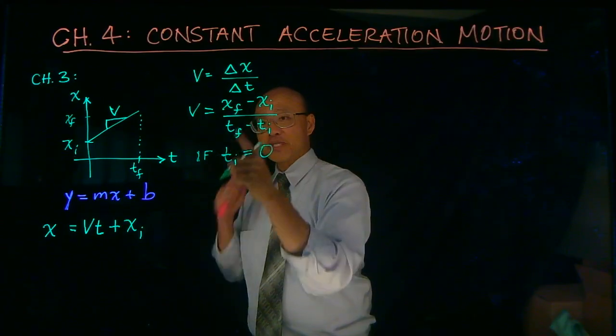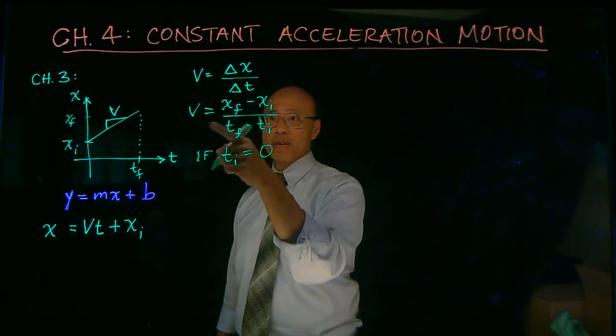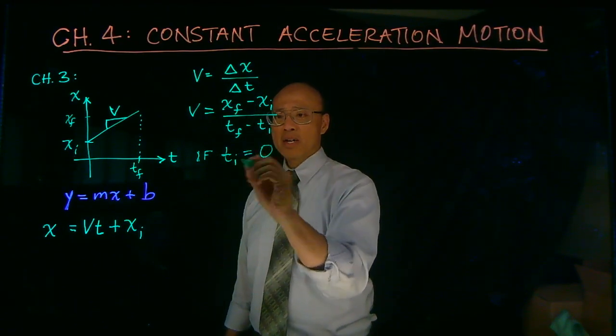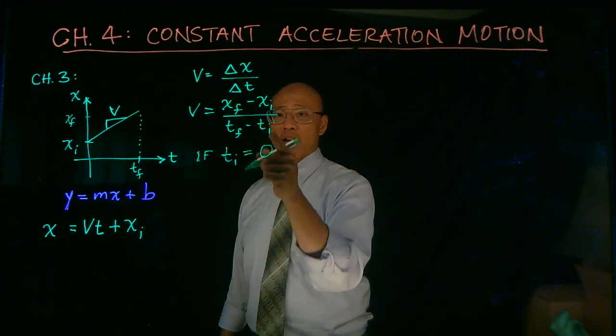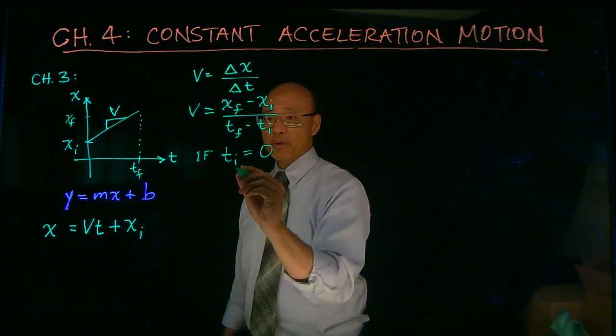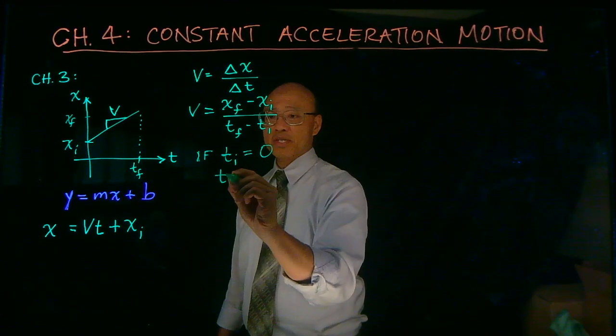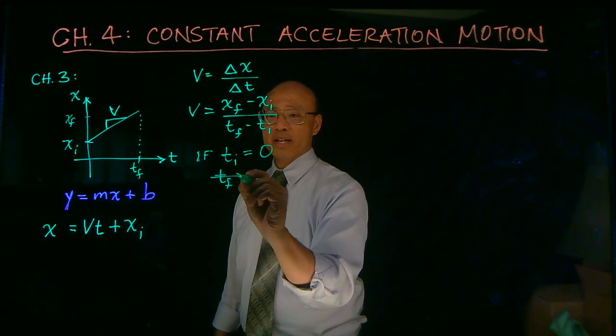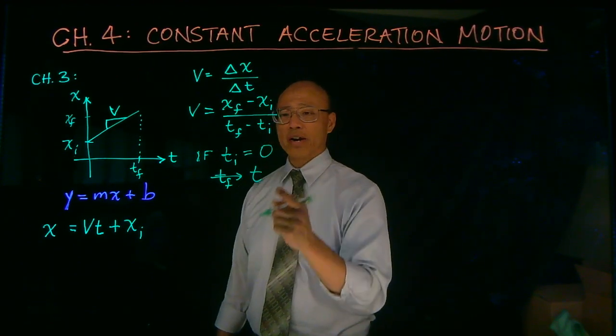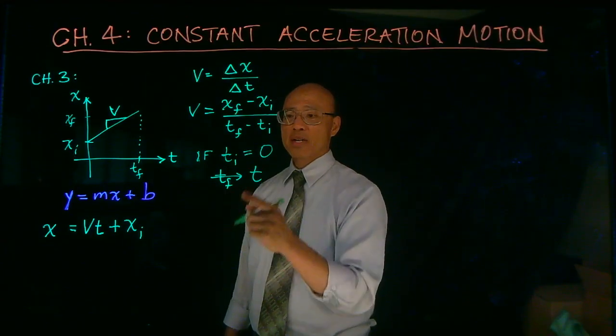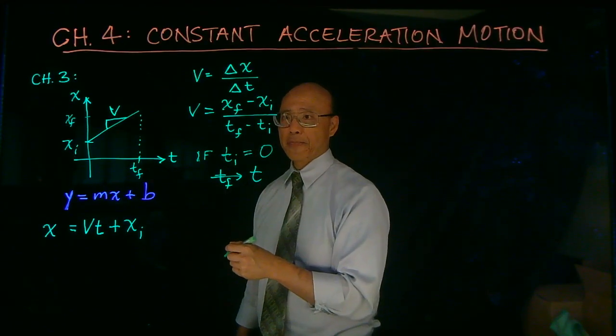So if I apply those same conditions mathematically here, ti is going to go to 0 because I'll just start at 0. And this tf, I'm going to say, you know what, I want to find out where I am at any time, so tf I could just represent as t.